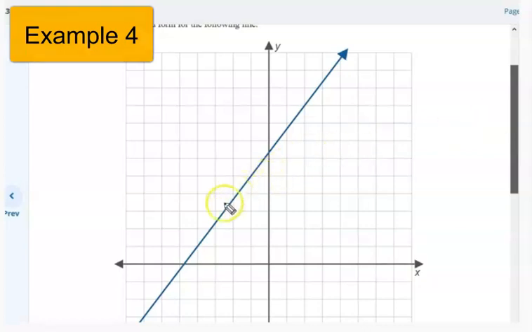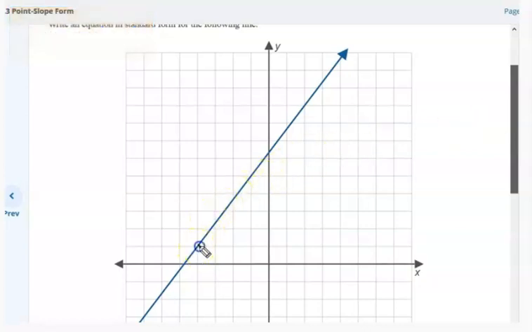For instance, you want to find a point on the grid line right there, and another point on the grid line right there. Now, you could find the ordered pairs, find the slope from the ordered pairs, and then develop your equation using what we've just done.